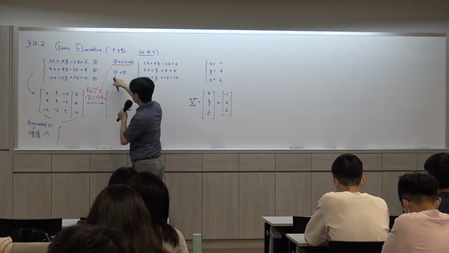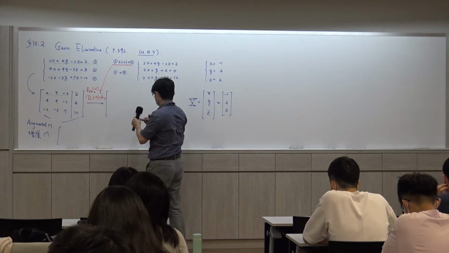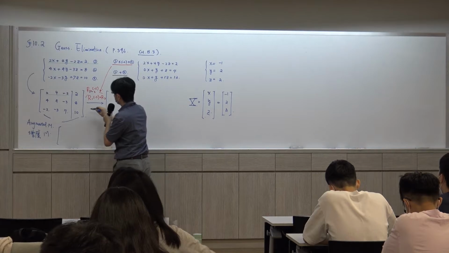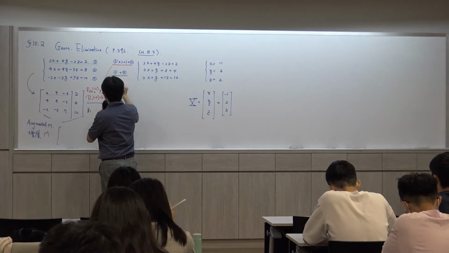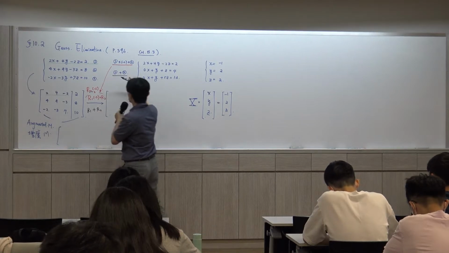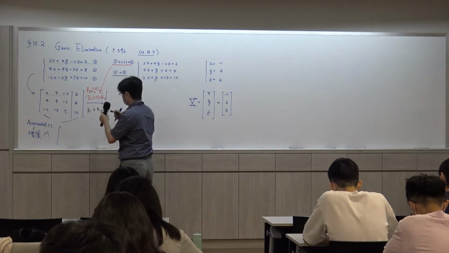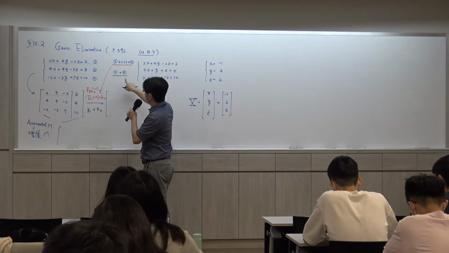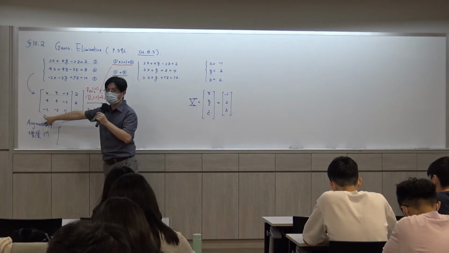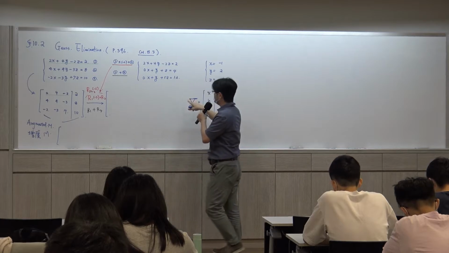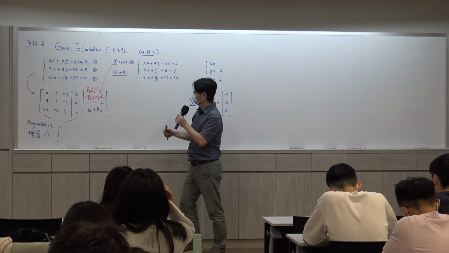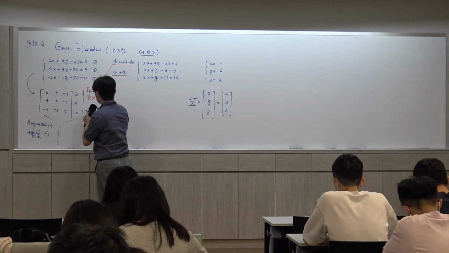Okay, and this term equals R1, the first row, plus the third row. The reason why we do this is because we want to create more zero elements in the matrix.